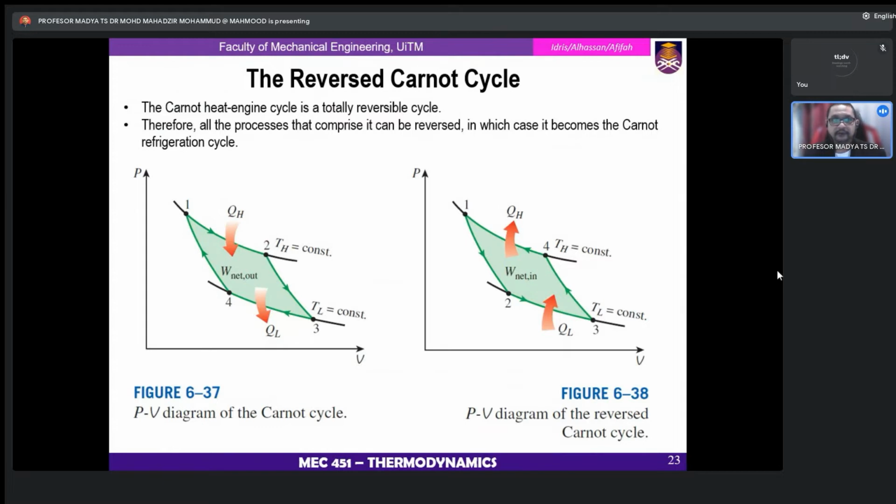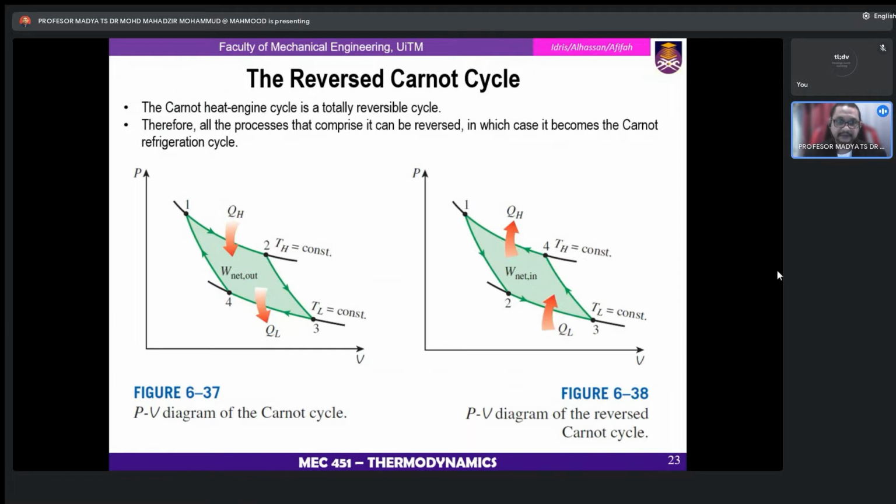Now we look more at the reverse Carnot cycle. The Carnot heat engine cycle is a totally reversible cycle. Therefore, all the processes that comprise it can be reversed, in which case it becomes the Carnot refrigeration cycle.